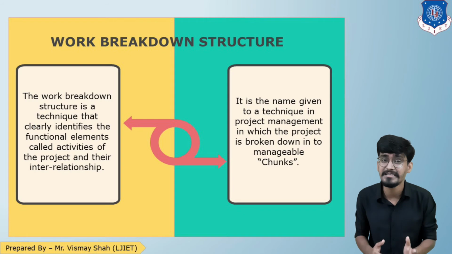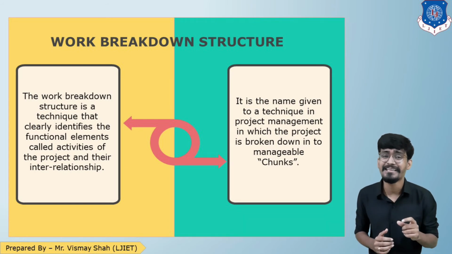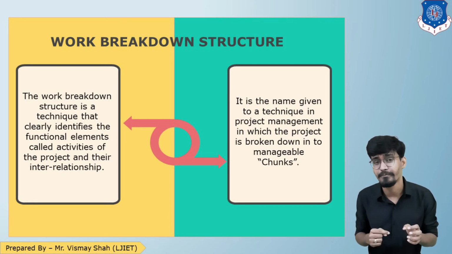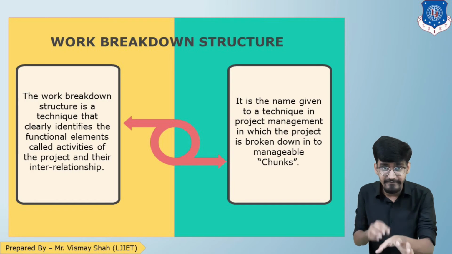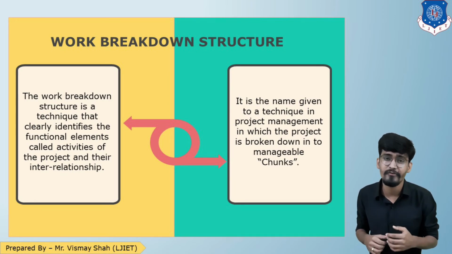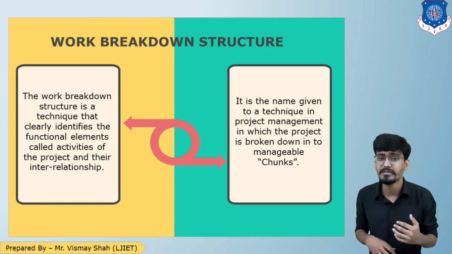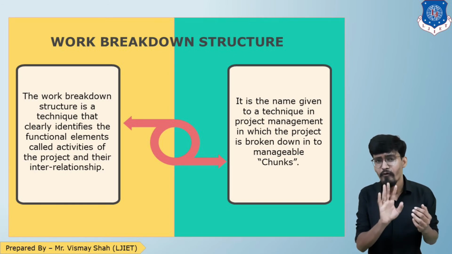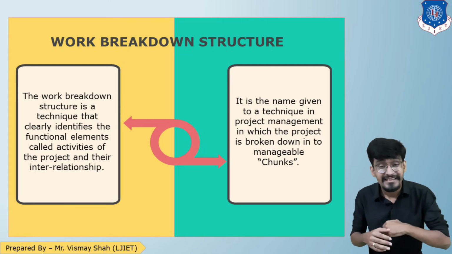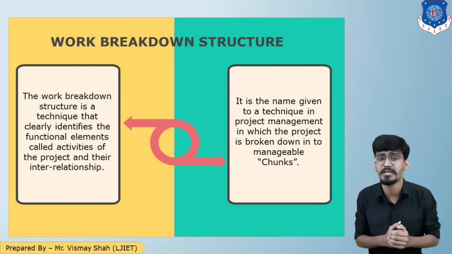Functional elements means activities. You have to identify the activities and the interrelationship, that this activity is connected to which activity. For example, if you are talking about the slab, then the formwork of the slab, the steel of the slab, and the concrete of the slab are interrelated activities to each other for a component.